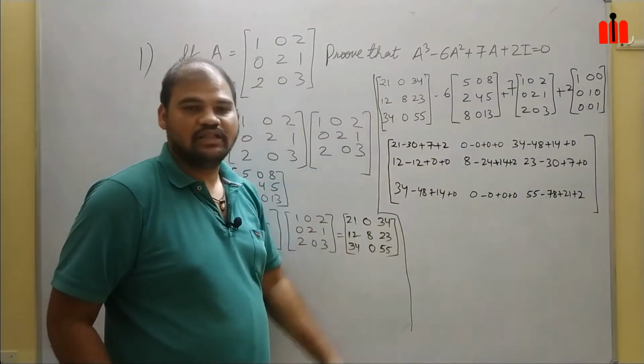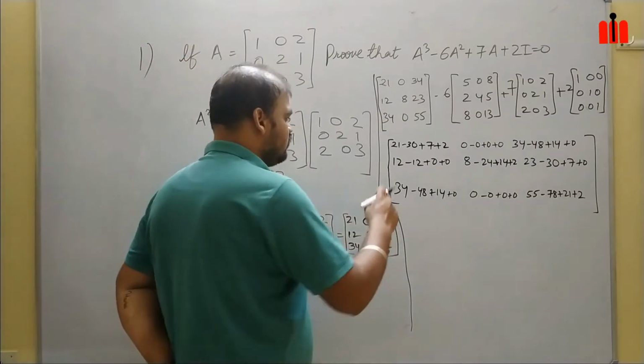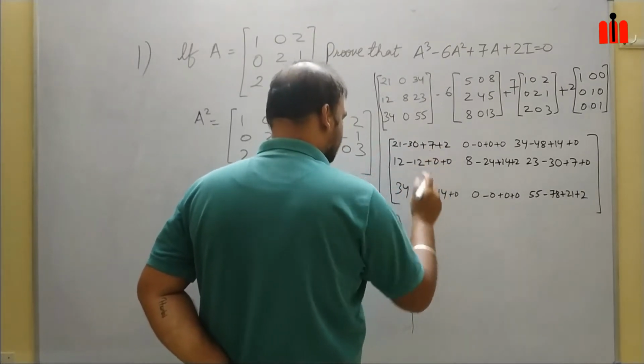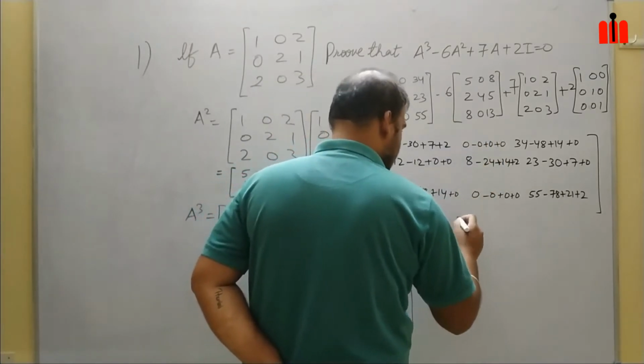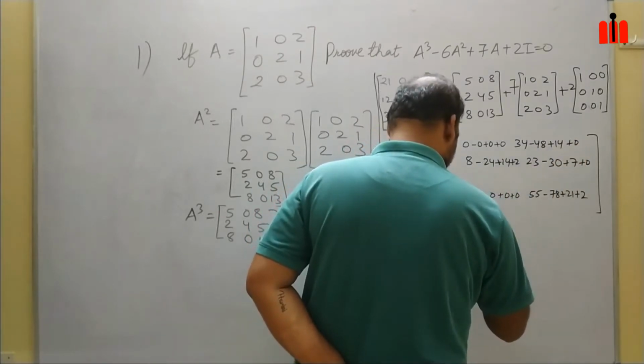This is how we had done the addition operation over here. Now let's solve everything. So 21 plus 7, 28, 28 plus 2, 30, 30 minus 30, 0, so it is 0. 34 plus 14, 48, 48 minus 48, 0, so this is 0.